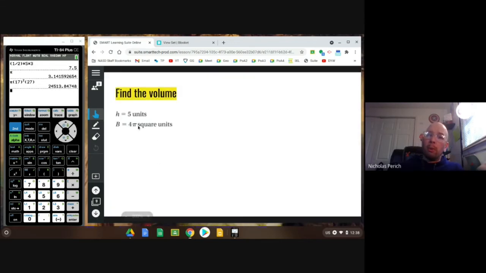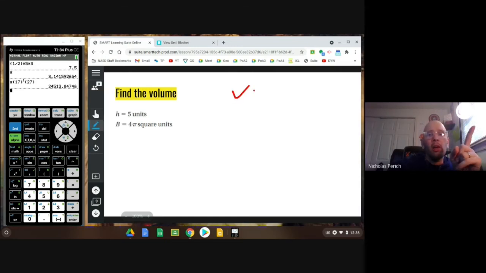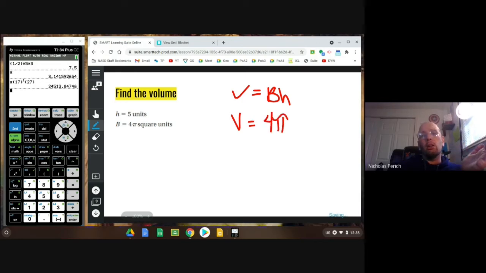It tells us what the base is. So I'm going to use the equation this one time, V equals BH, which means V equals 4 pi times 5. I'm going to open up a poll, and I'm going to put 3 possible answers.